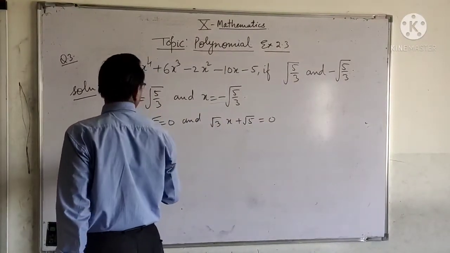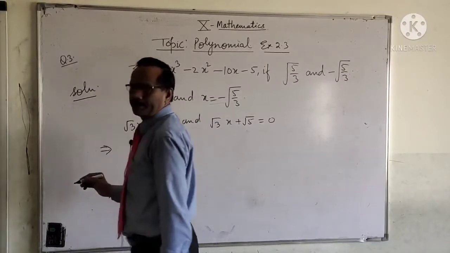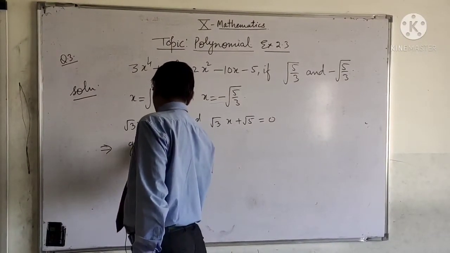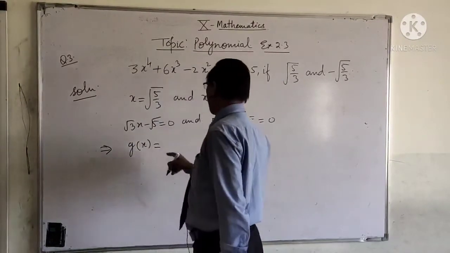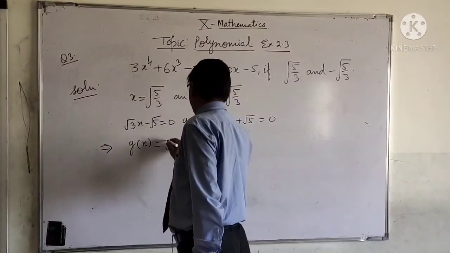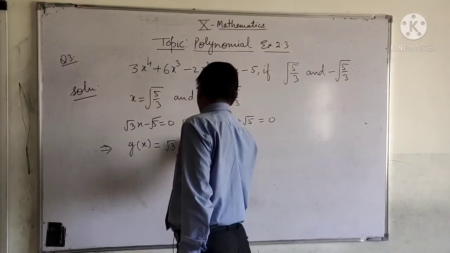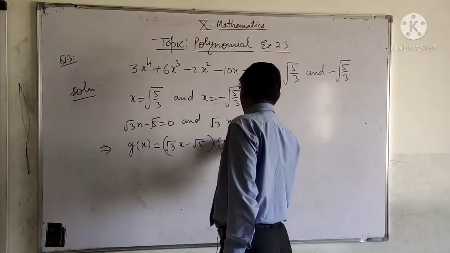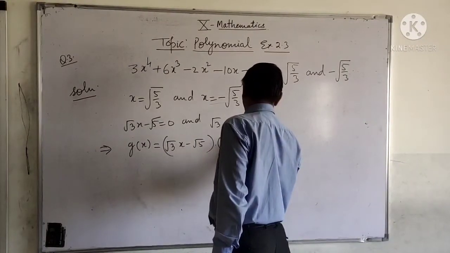Or we get gx, which is the divisor, root 3x minus root 5 into root 3x plus root 5.